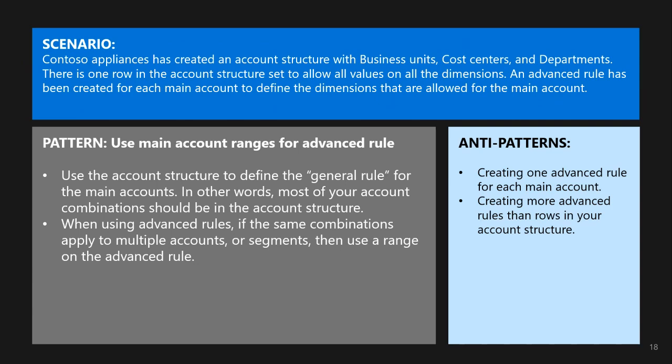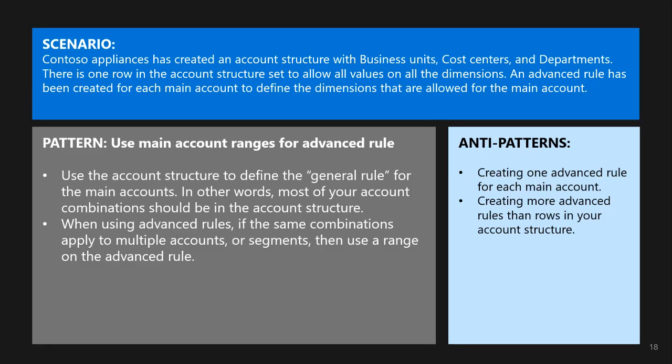The anti-patterns are too many advanced rules in general, especially one advanced rule for each main account. And if you have more advanced rules than your account structure, you may want to take a look at your design. There are exceptions, so there might be technically smaller ones, but that's something to watch for as well, just complexity and managing of complexity.